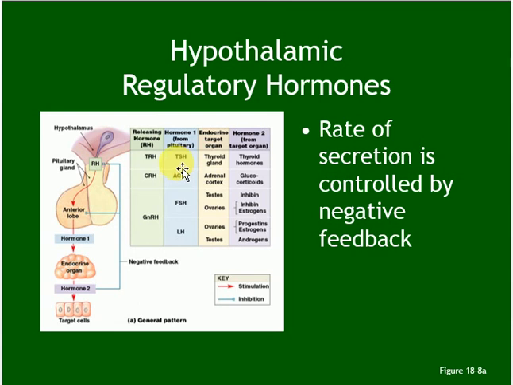The TSH is the one that's actually going to go to the thyroid gland. It's called TSH, meaning thyroid stimulating hormone, the hormone that stimulates the thyroid gland to secrete thyroid hormones. So this will be the end result, thyroid hormones.